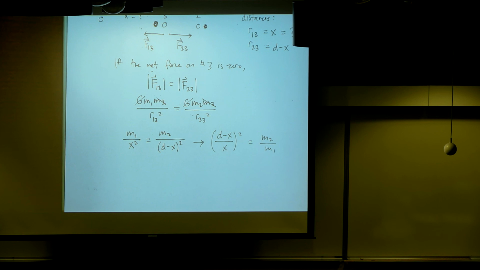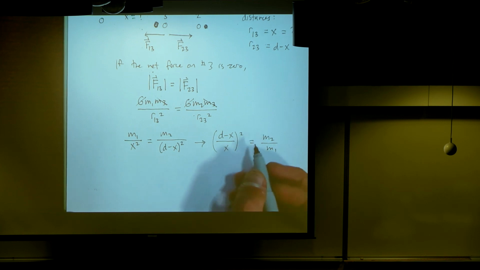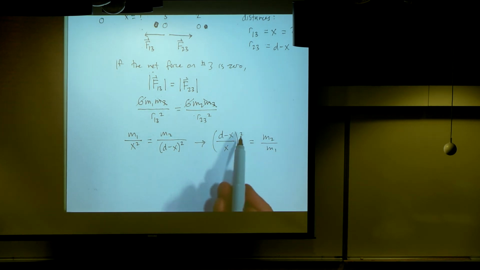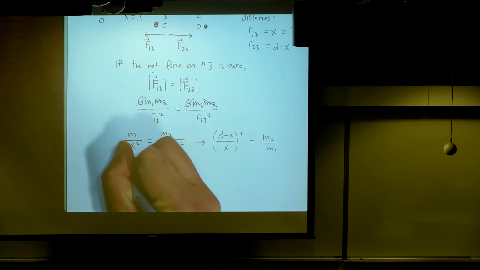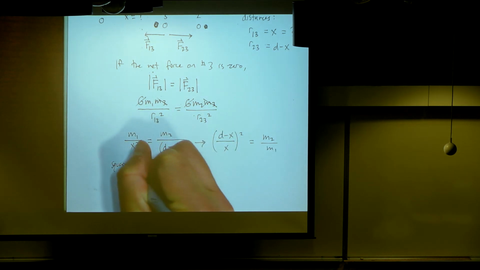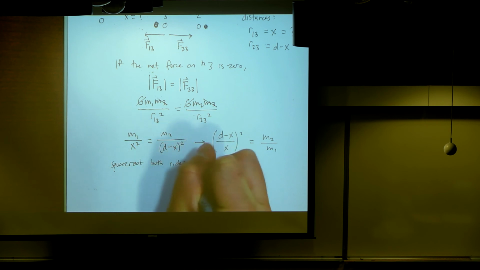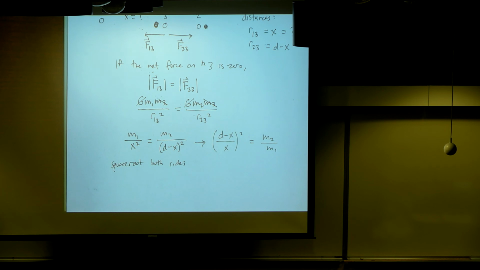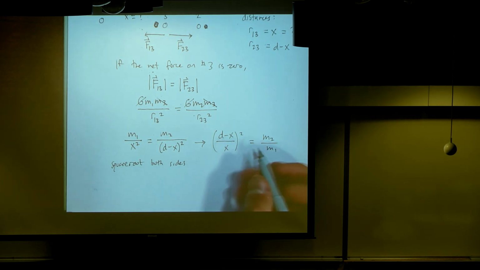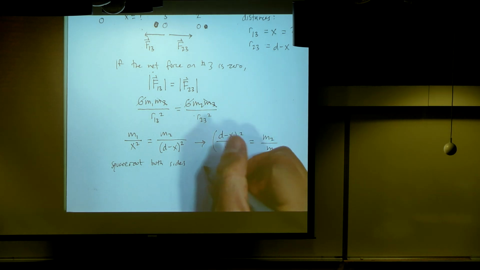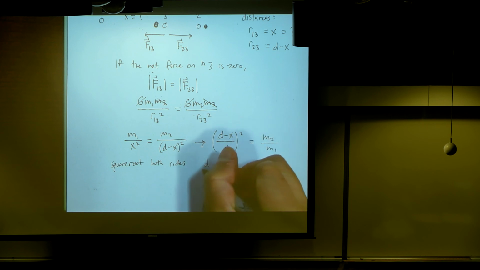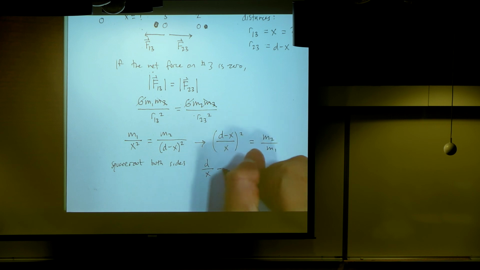Okay, so I'm going to do a few things in this next step. I have a square here, so if I square root both sides, I can get rid of the square that's right there. So here's what I'll have. I'll have d divided by x minus 1.